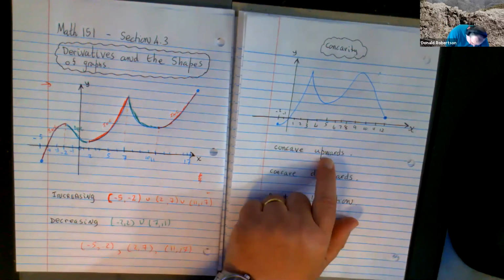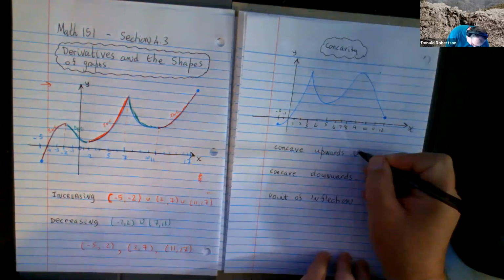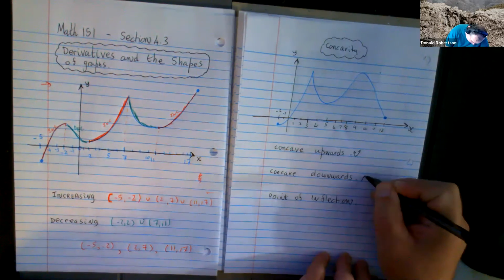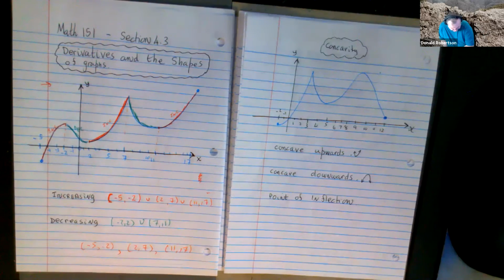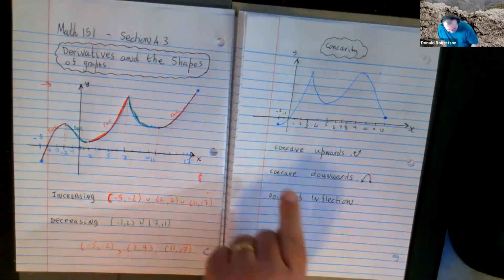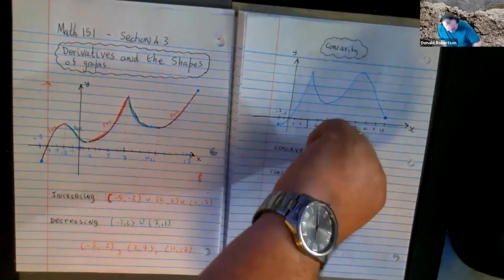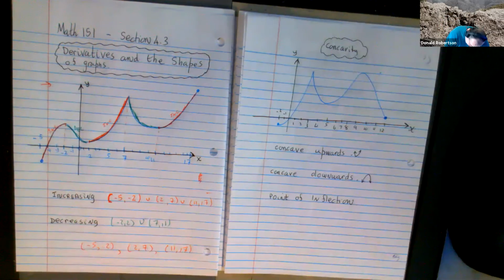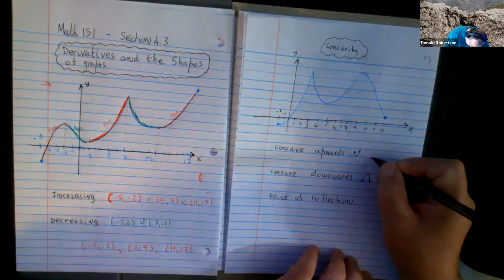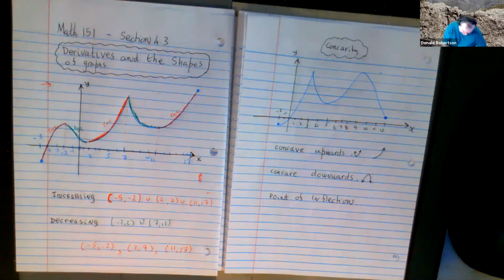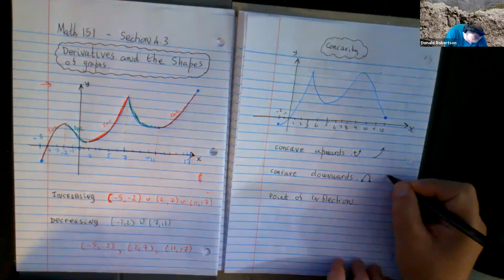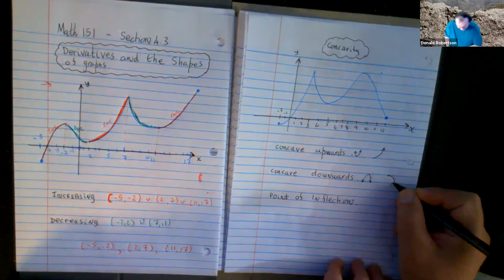Concave up, which are ones that look like happy faces, and concave down, which are when the curve looks like a sad face. But it doesn't need to be both sides of the happy or both sides of the sad. A function can still be concave up if it's only got one side of the smile, and it can still be concave down if it's got only one side of the frown.